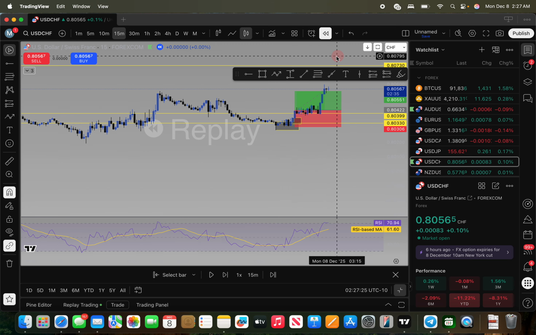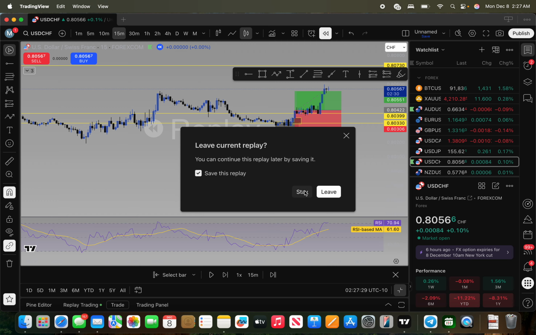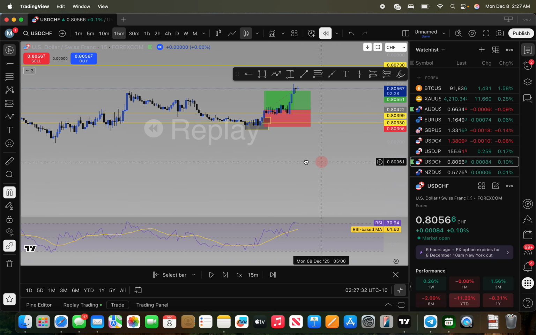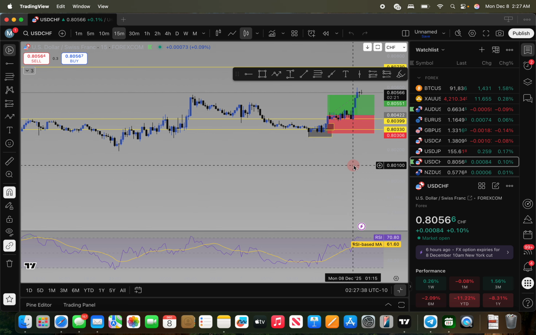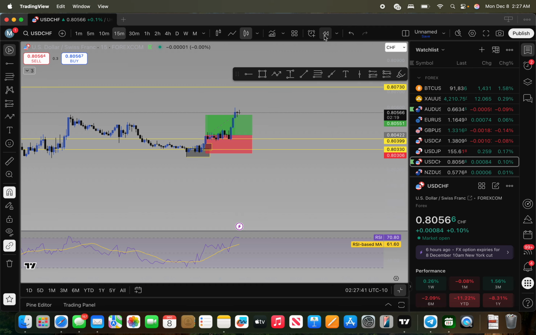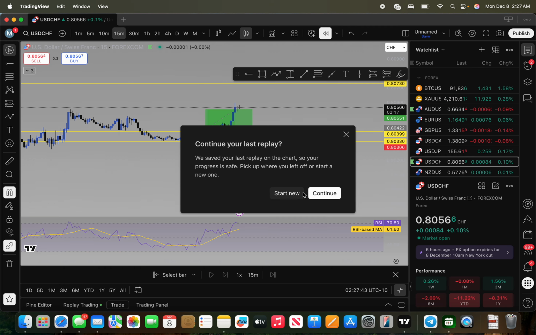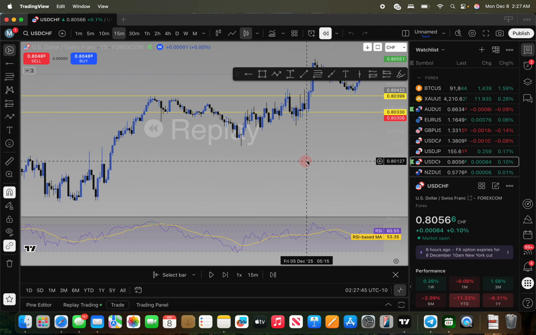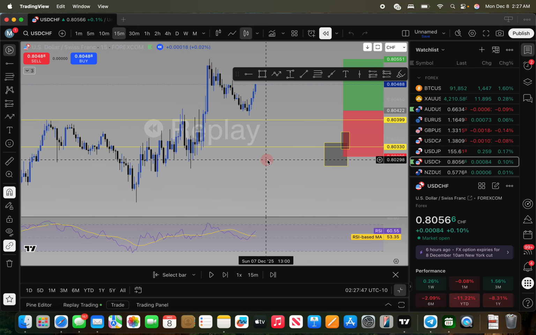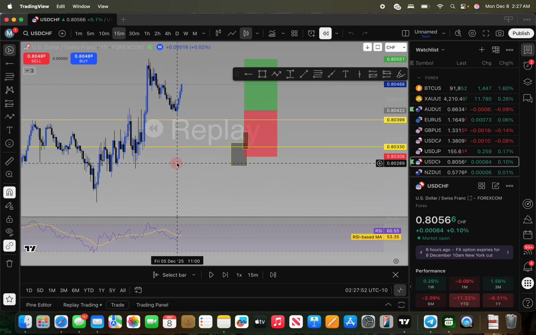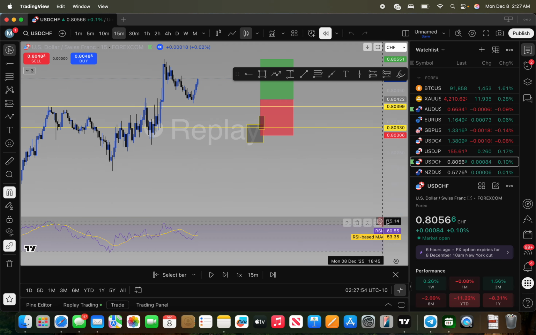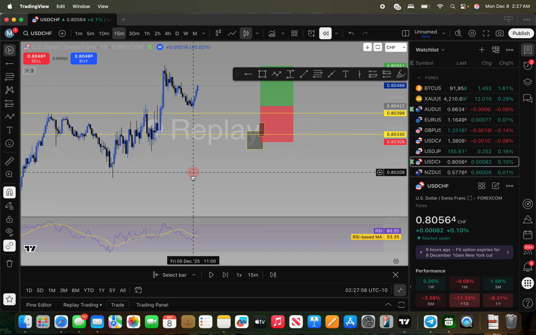We move to the 15-minute, and this is how it'll look on the 15-minute.